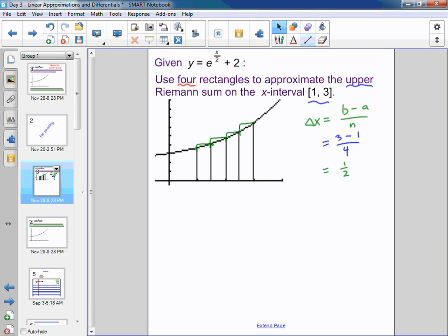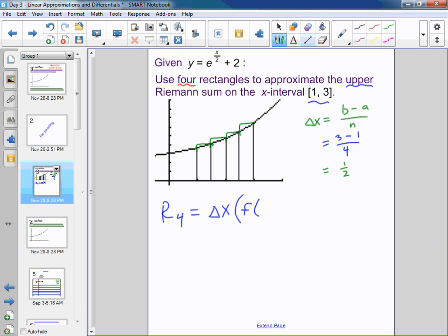Okay, so what do we do? Well, we'll go ahead and get my approximation then. I know this Riemann approximation using 4 rectangles will be given by the width of each rectangle, delta x, times the height of the first rectangle, f of, and in this case the right-hand side is not x equals 1, but x equals 1.5.